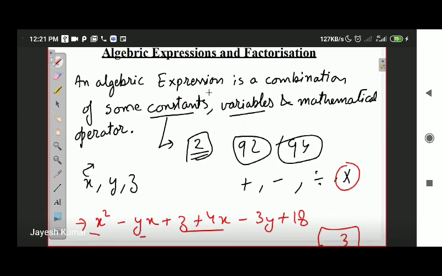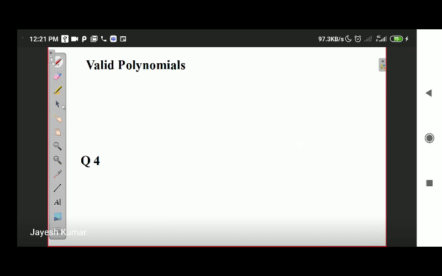Okay. Next we talk about what valid polynomials are.